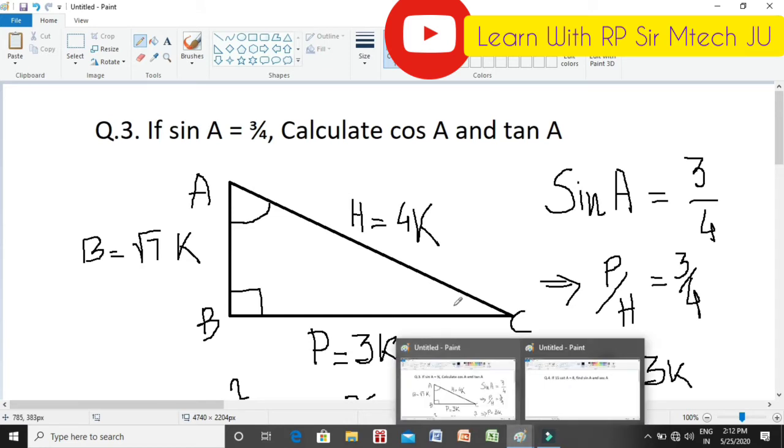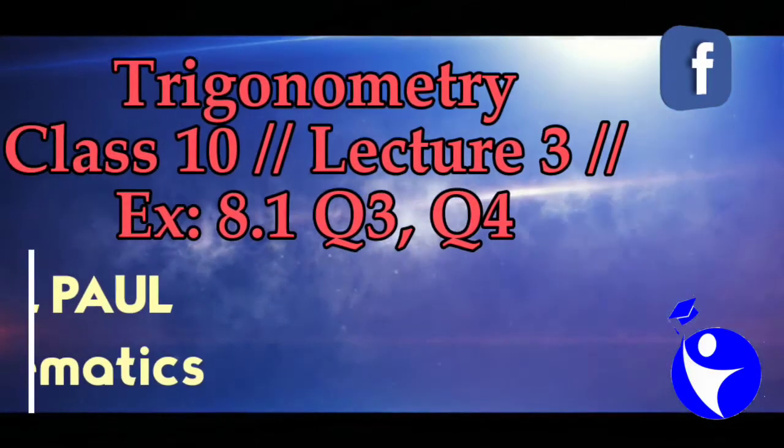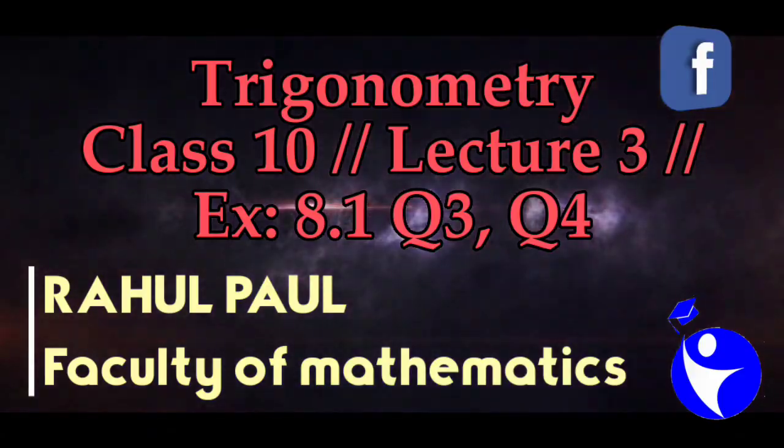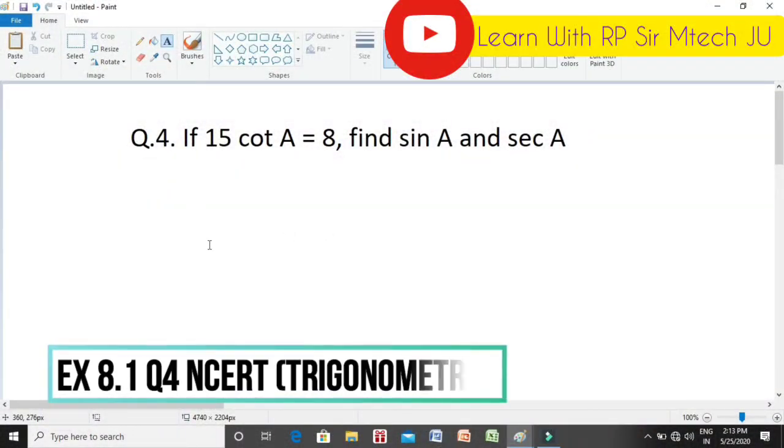Let us now quickly move on to the next question of this particular NCERT exercise 8.1. Now we are going to discuss question number 4. In this question we have: if 15 cot A equals 8, find sin A and sec A. Again we have to draw this right angle triangle.